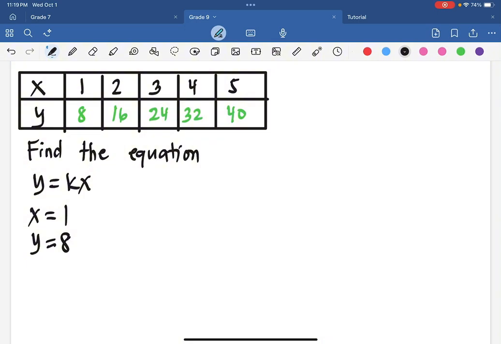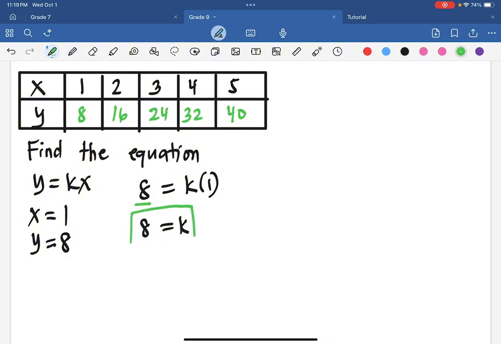So with this, all we need to do is substitute. We have here 8 equals k times 1. Again, 8 is for y, and 1 here is our x. So simply, we just copy 8, and k times 1 is k. So the value of our constant is 8.